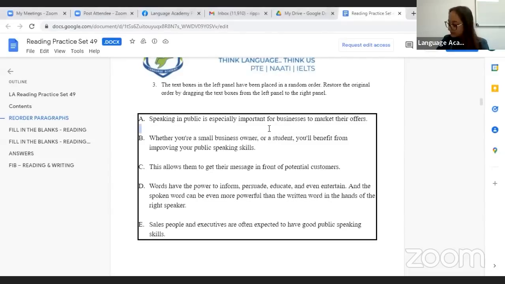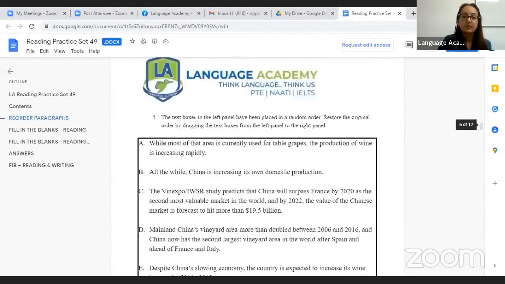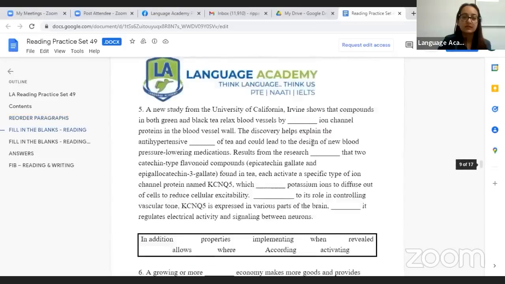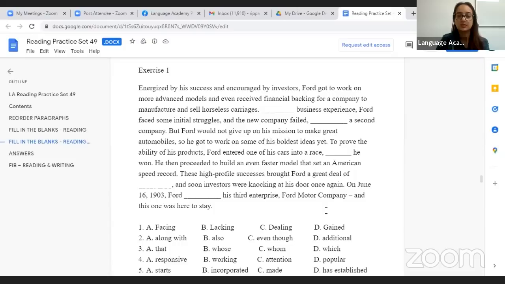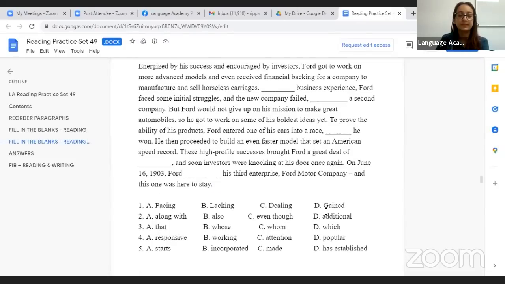All right, so these were the reorders that we had to do today. And now let's move on to reading and writing blanks. And here you have your first question. First question on the screen, 2.5 minutes is what you have for these blanks. Make sure you're timing yourself and then you are putting your answers in the chat box.